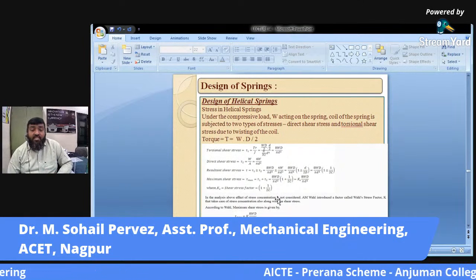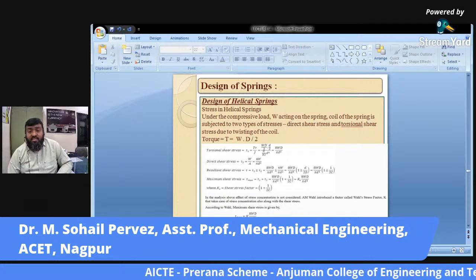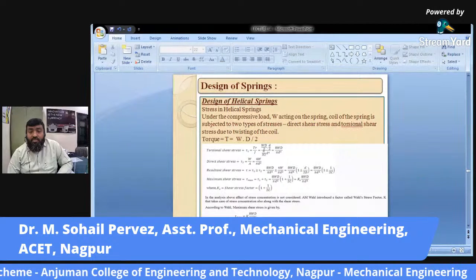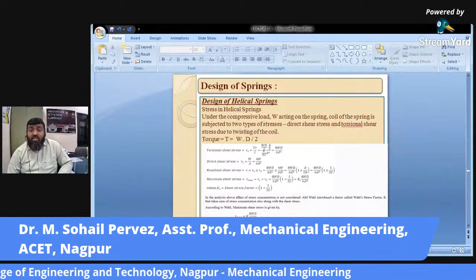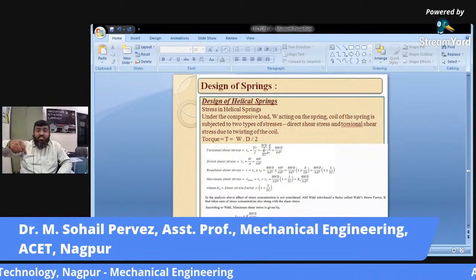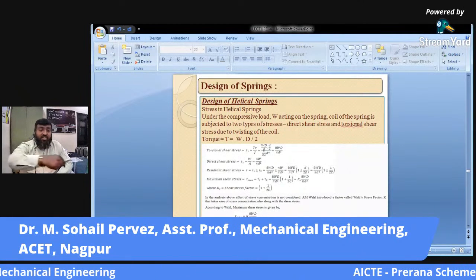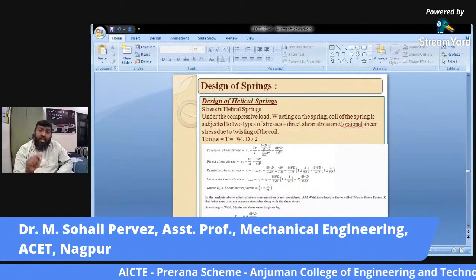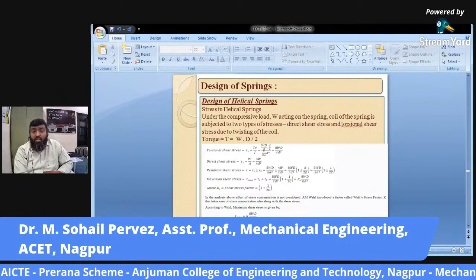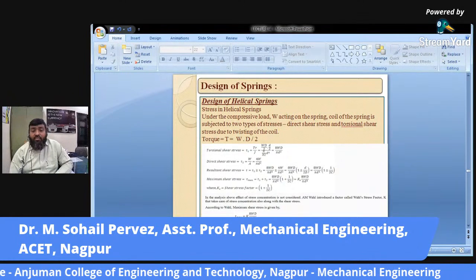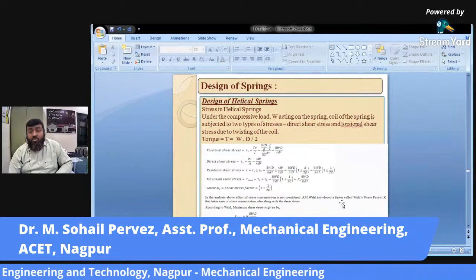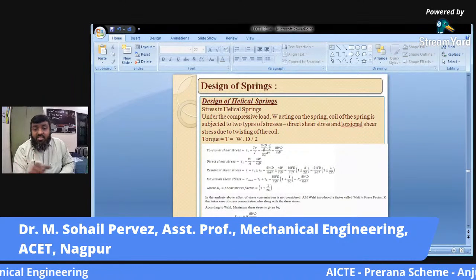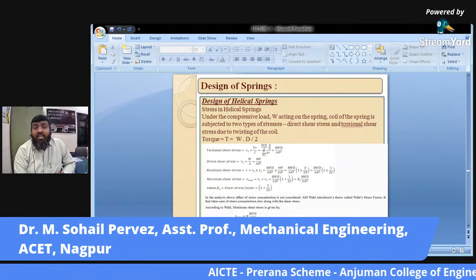Whereas Mr. Wahl has considered a Wahl's correction factor, taking into account, please mind well, the stress concentration due to curvature. So the curvature effect of the helical spring is to be accounted, and that has been done by Mr. Wahl, and that's why he has given a factor of (4c minus 1) upon (4c minus 4) plus 0.615 by c.